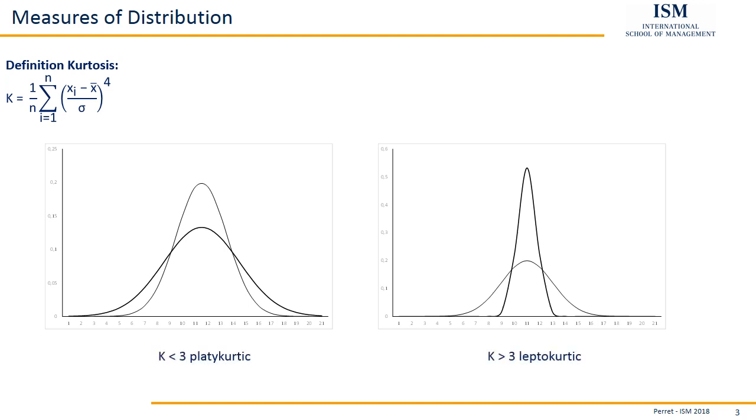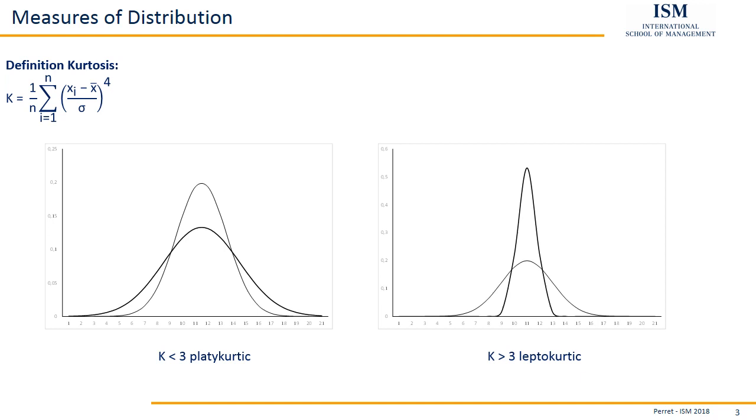And we have names for this. The left one, that's called Platykurtic. The right one is Leptokurtic. Okay, how to remember this? Whenever we have a curve which is relatively flat, so it's way less steep than something like the normal distribution, if it has fat tails, that's Platykurtic. On the other side, if we have a lot of values in the middle, so it's like a pointed needle, that's the right figure, that's Leptokurtic.